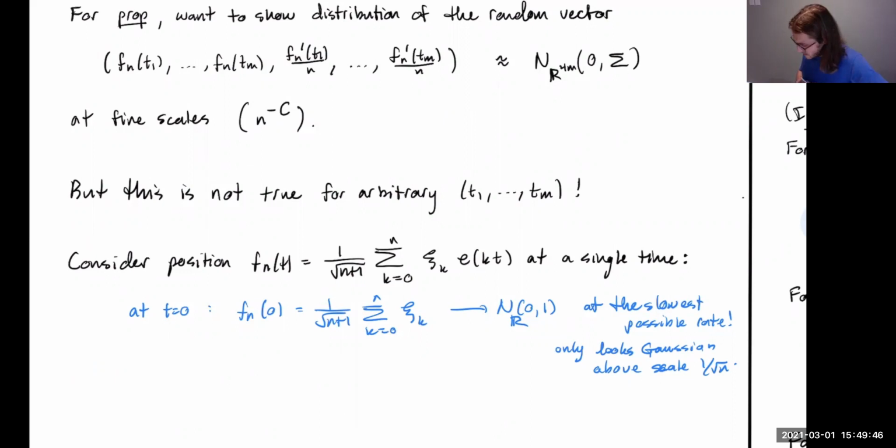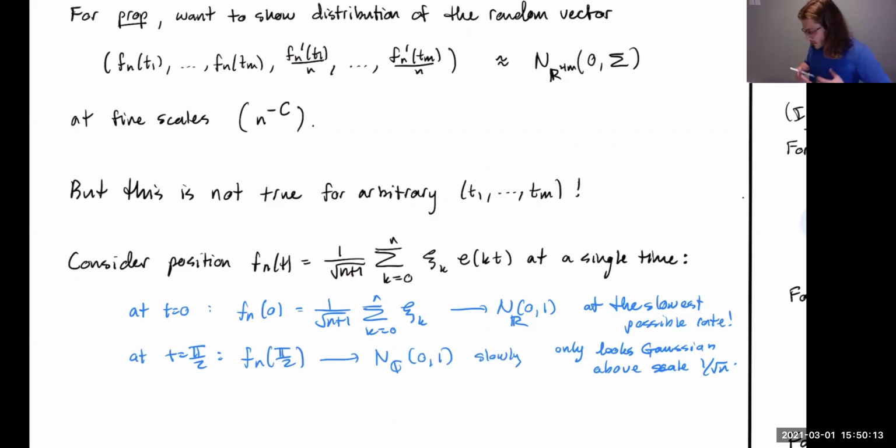You can see the atoms and the gaps. And then, at say t equals pi over 2, this will just alternate between real and imaginary. And so it's not hard to see that this will converge to a complex Gaussian. But again, it's too slow.